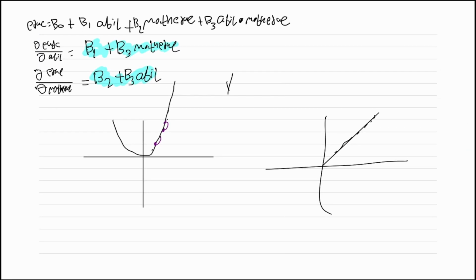Like when we have the function y equals x squared, right? When we substitute 2, we get 4. Then if we increase by 1 unit, let's say substitute 3, we get 9. So the change from here to here was by how much? 5 units, right? But now let me substitute 4 in x squared, we have 16.